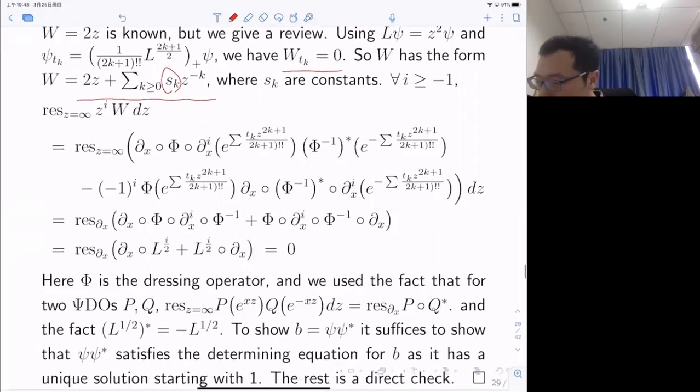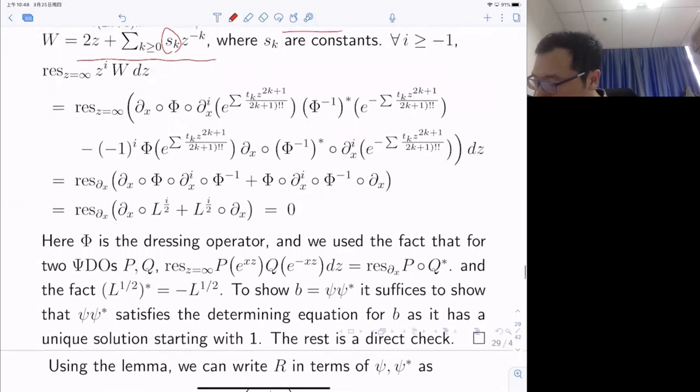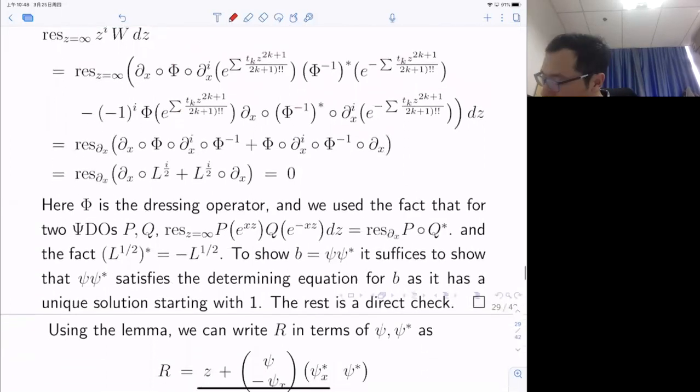And now we prove all these S_k are 0, by computing the residue. These are very standard proofs, maybe I will just omit them. And for the proof that B equals psi star, similar as before, since we always prove existence and uniqueness, you simply need to prove that psi star satisfies the determinant equation for B.